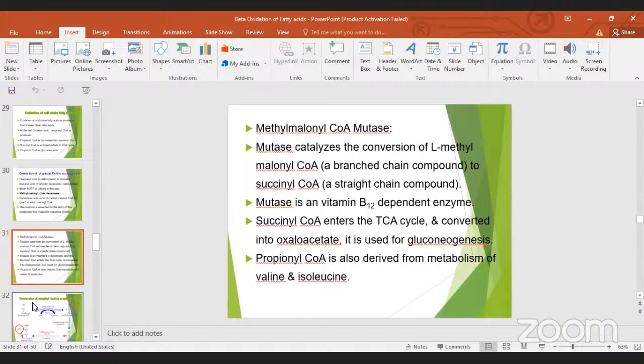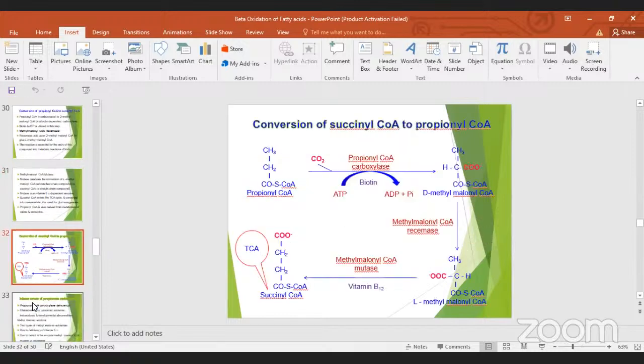The methylmalonyl-CoA mutase catalyzes the conversion of L-methylmalonyl-CoA to succinyl-CoA. See, this is the propionyl-CoA to succinyl-CoA conversion. Okay.